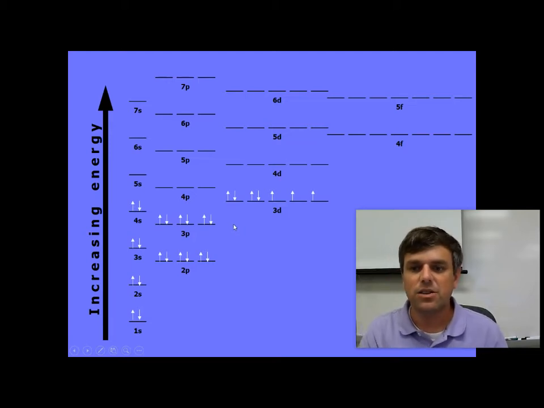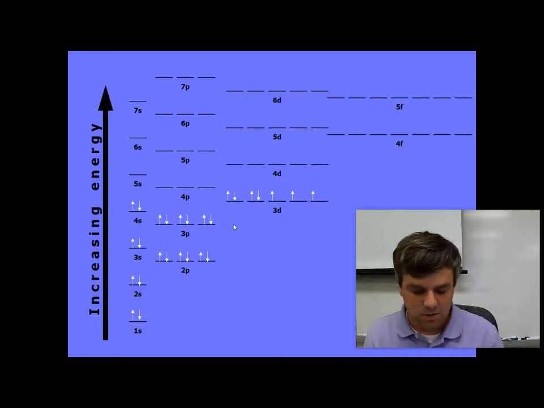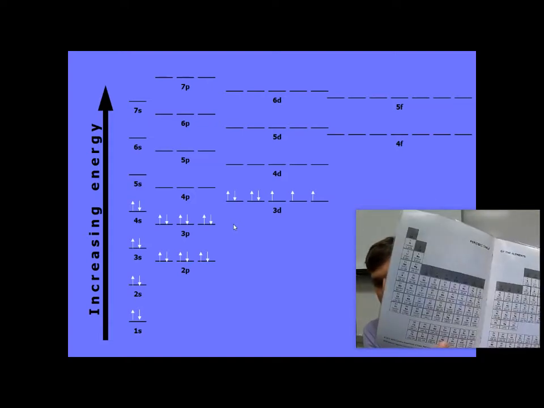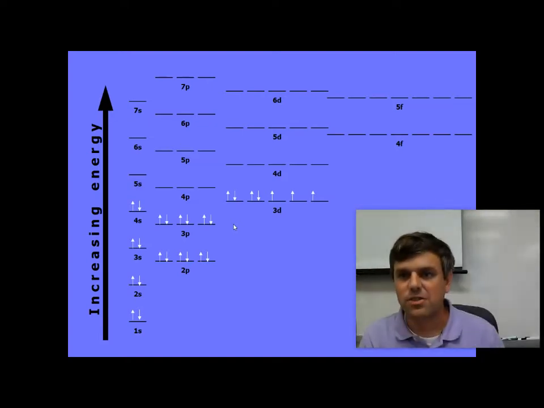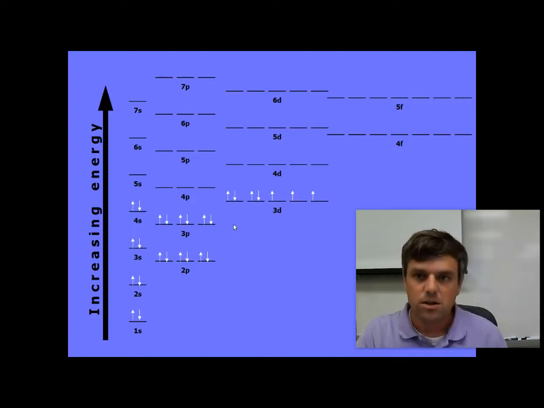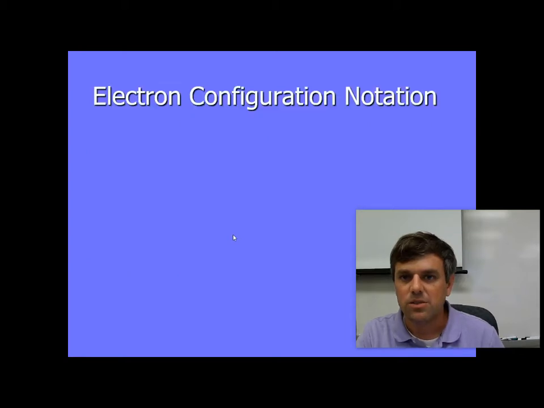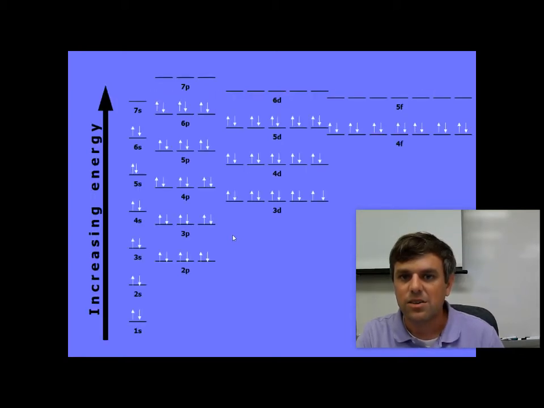You can see that these could get rather time consuming if we're drawing them for elements like, I don't know, Neptunium down here with 93 electrons. It could get really complicated. I didn't even put enough arrows in there to make that one.